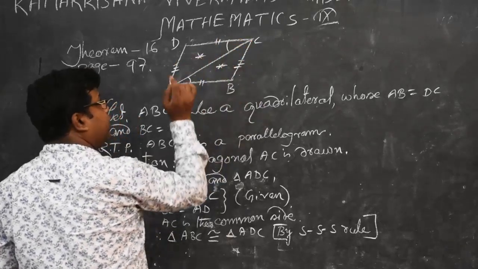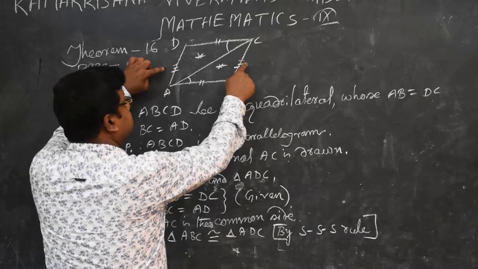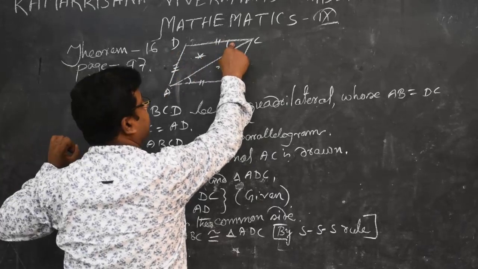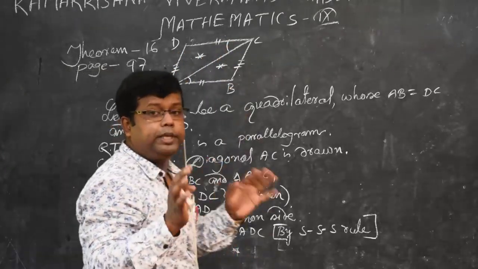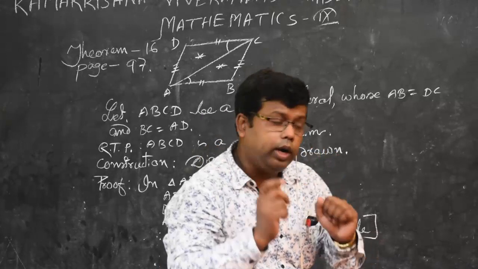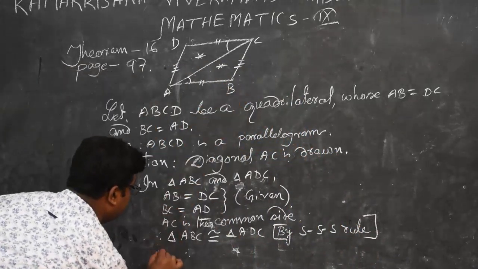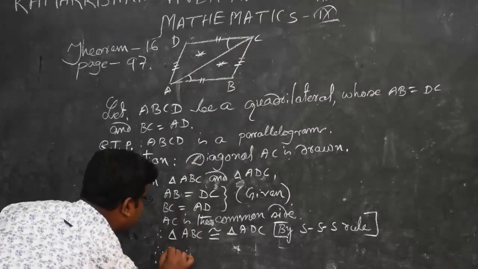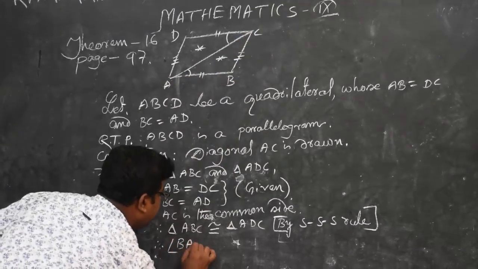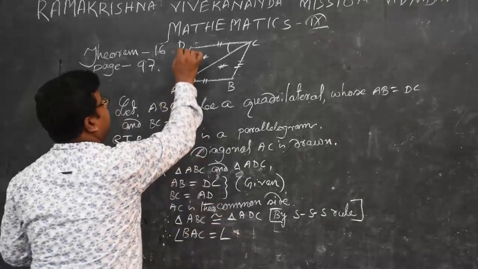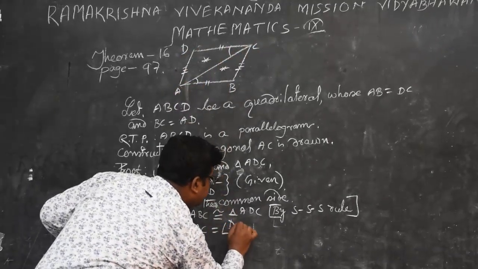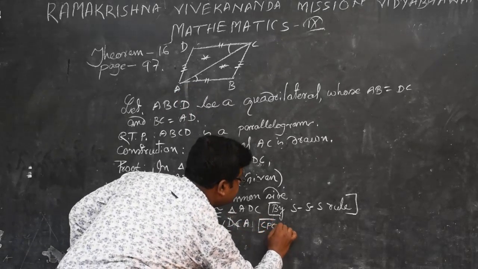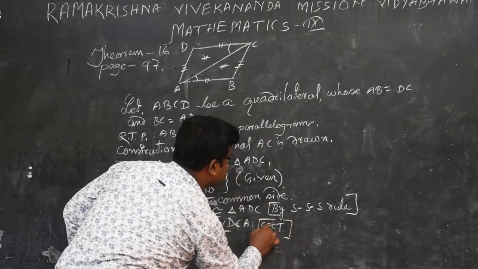Because these two triangles are congruent and these two sides are equal, so the opposite angle of this side is this angle and the opposite angle of this side is this angle. So the angles are equal. It is called CPCT, corresponding parts of congruent triangles. Therefore angle BAC equal to angle DCA. You have to write here CPCT, corresponding parts of congruent triangles.